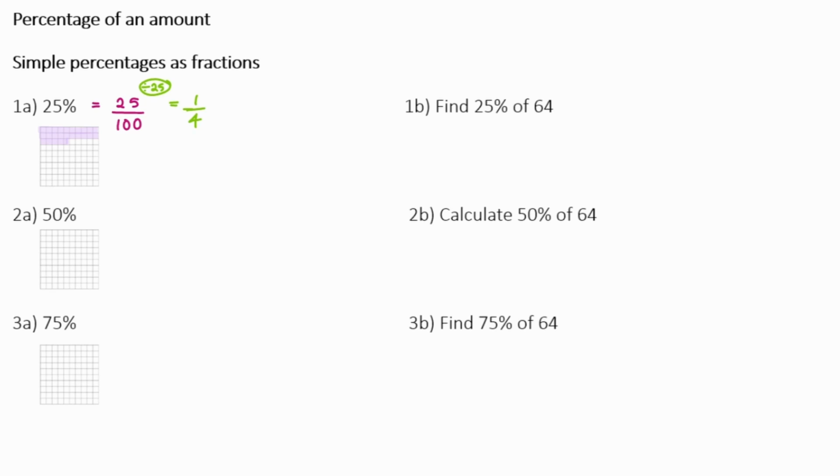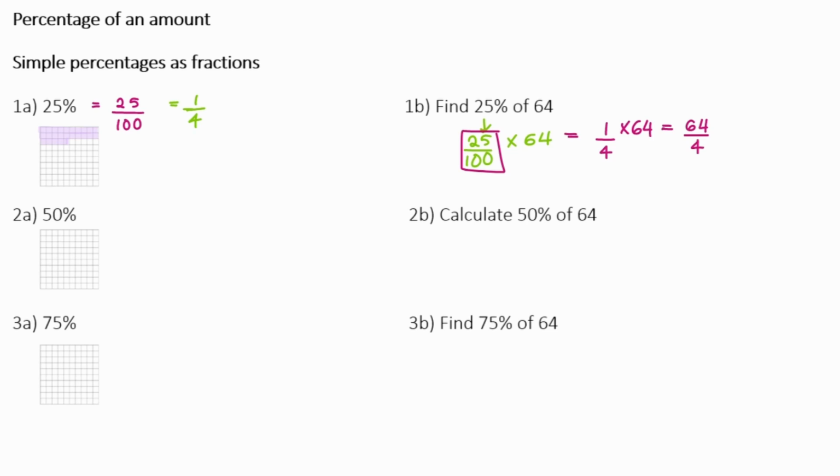So when we are looking for 25% of any number, we can write our 25% as 25 over 100 times 64, or we could simply write our 25 over 100 in its simplest form, which is 1 over 4, and multiply this by 64. If I multiply 1 by 64, that gives me 64, and my denominator will be 4.